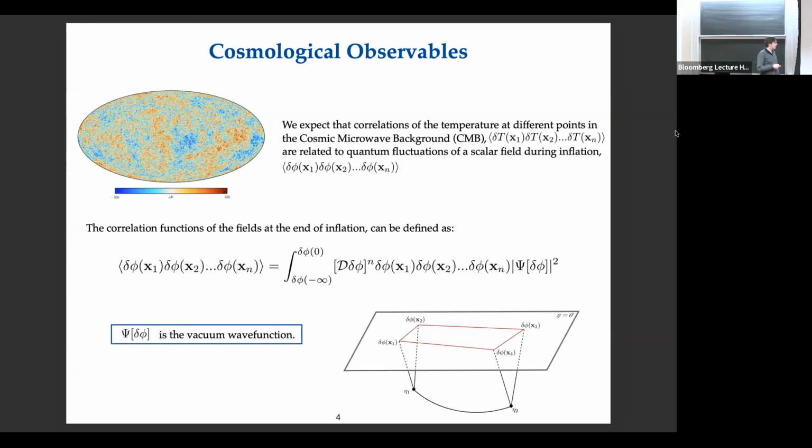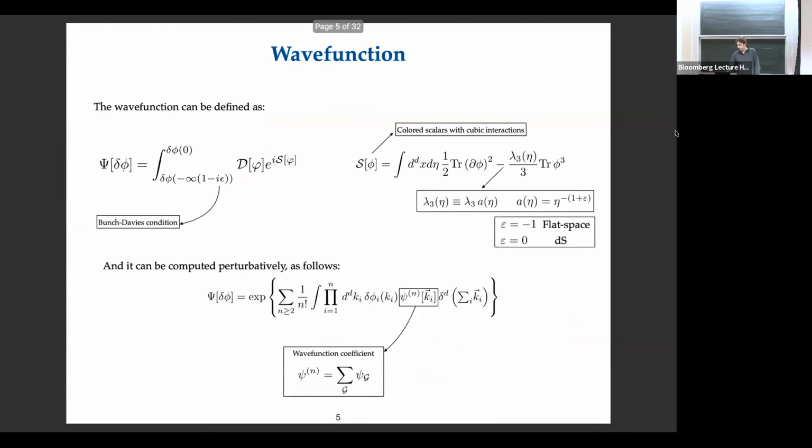You could look at one or the other object, of course, but the wave function has been shown to have really nice geometric properties. And here we're going to show you some of these. And schematically, this is one type of process we can look at, like single exchange diagrams.